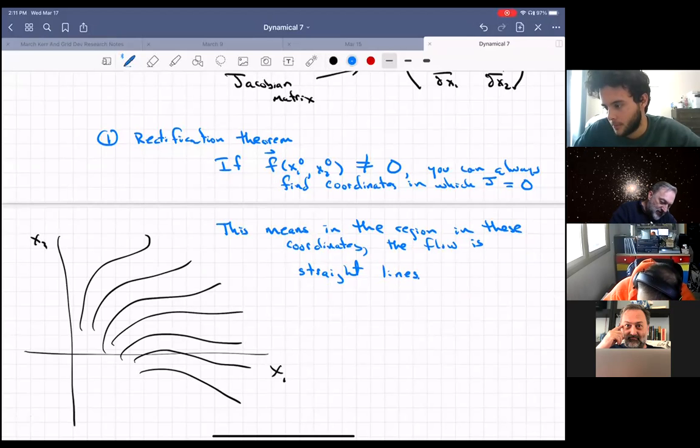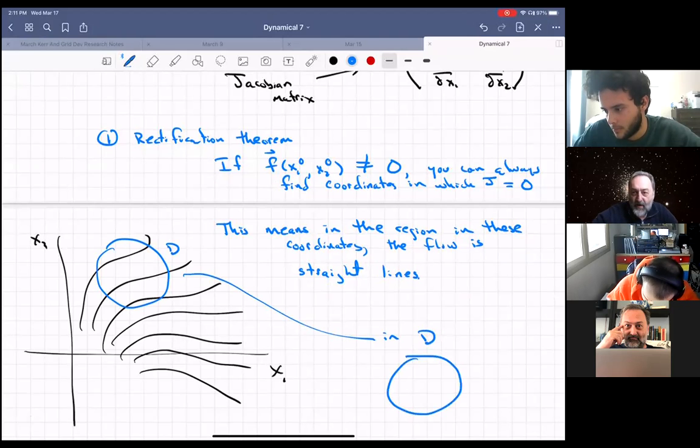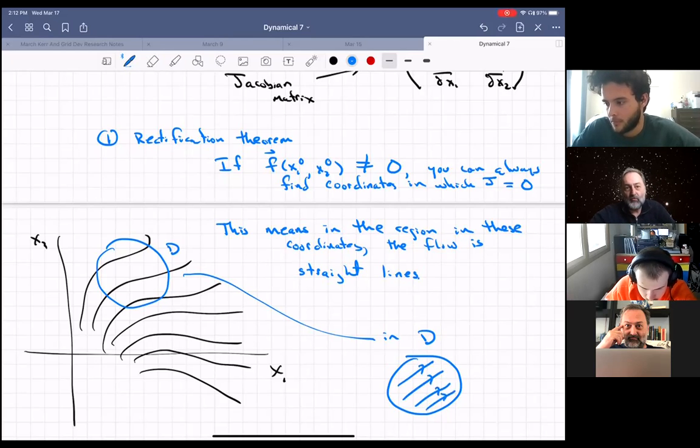And so the idea here is if I pick some region in this disk D, if there's no fixed points in D, I can find coordinates which straighten out the flow lines and make the flow lines go straight across the region. And so this is called the rectification theorem. I have rectified the flow. I've made it rectangular. I straightened it out.